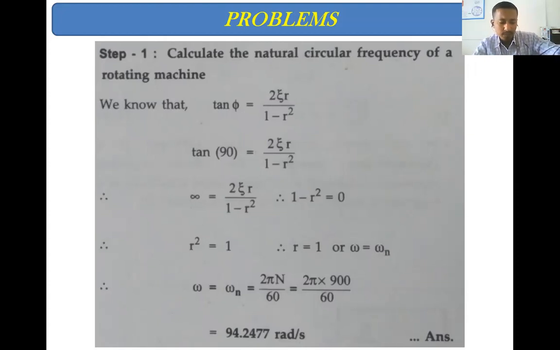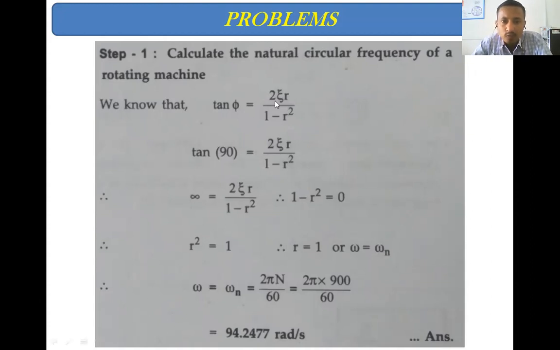There are many formulas we can use, but the best is tan phi. Why tan phi? Because from this formula we can calculate the r value, that is the frequency ratio.